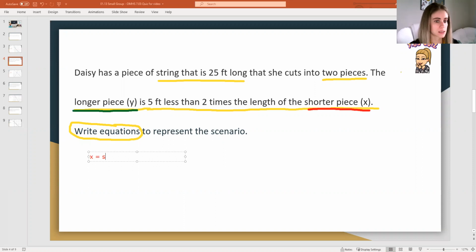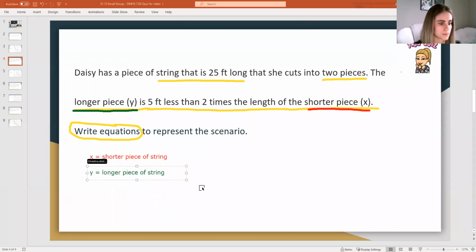So x is the shorter piece of string, and y is the longer piece of string. Okay, there we go.